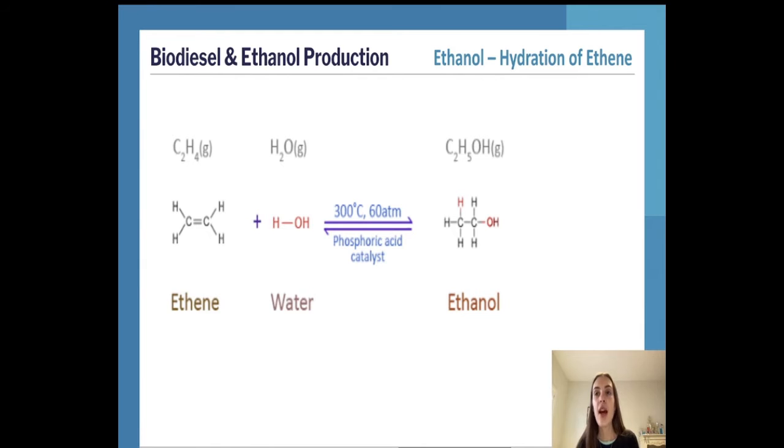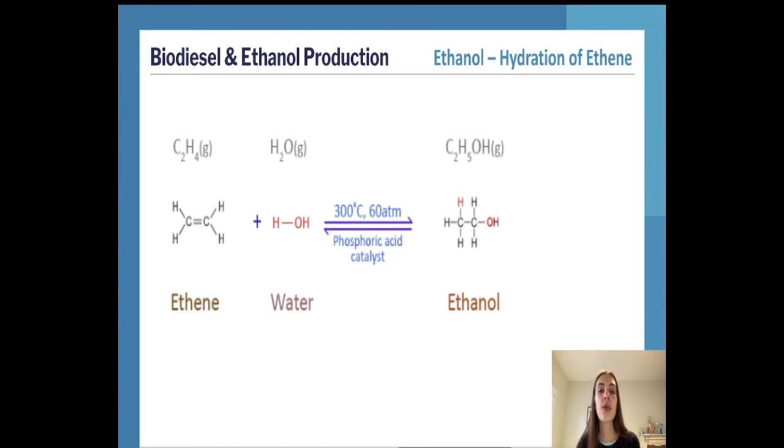The manufacturing of ethanol from ethene uses steam and a solid silicon dioxide catalyst which is coated with phosphoric acid.